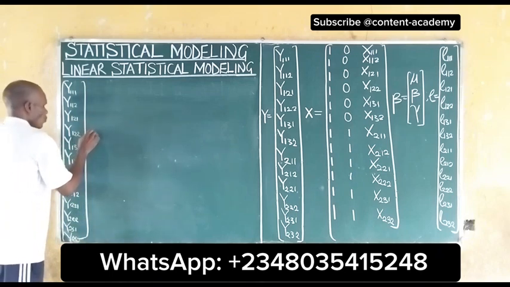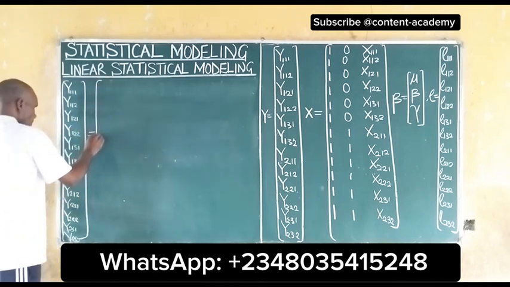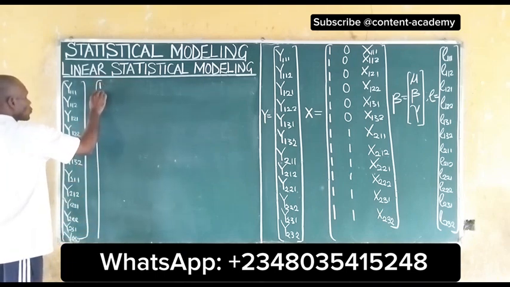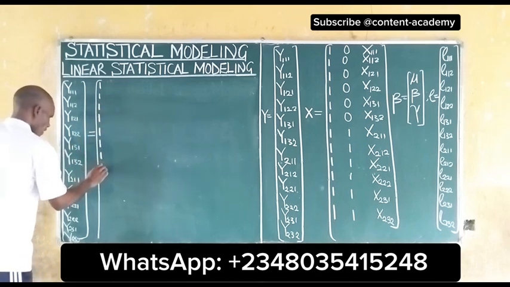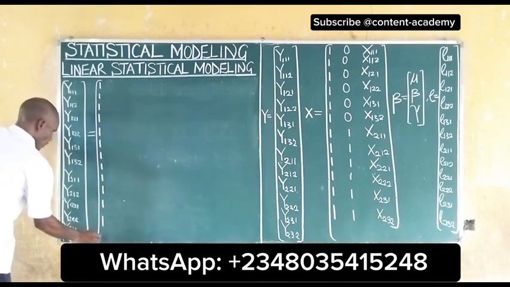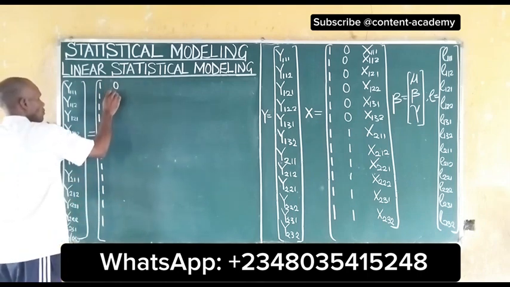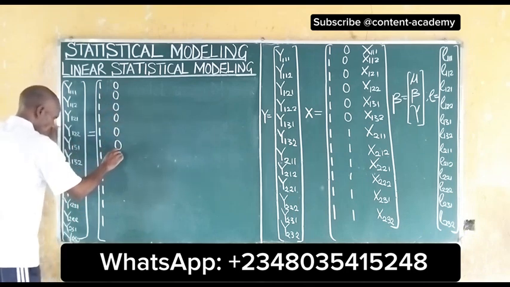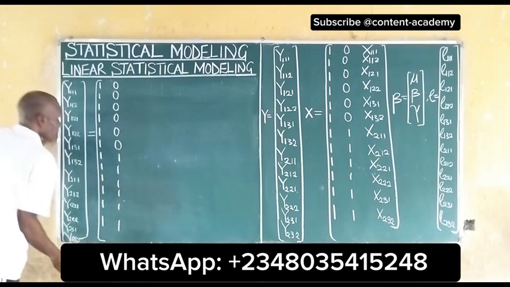Y will now be equal to our xb. X, you can write it this way: 1, 2, 3, 4, 5, 6, 7, 8, 9, 10, 11, 12. All right, from our circle, we have 0, 1, 2, 3, 4, 5, 6, then 1, 2, 3, 4, 5, 6.